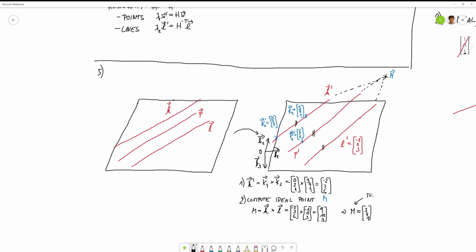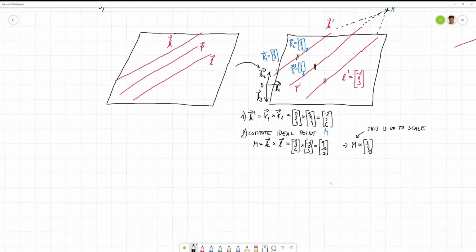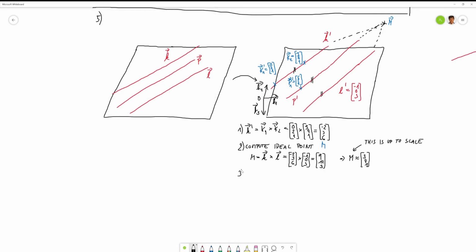And we can represent m, which is a vector, up to scale. Therefore we can write 3 4 1 instead of 9 12 and 3 as coordinates.